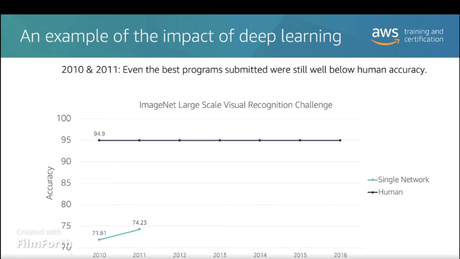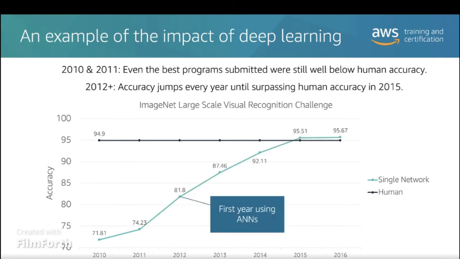In 2011, the accuracy marginally improved to around 74%. In 2012, when deep convolutional neural networks, common in deep learning models, started to be used, the accuracy rate jumped up to about 82%. Then, in 2015, the winning program actually exceeded human performance at these computer vision tasks.